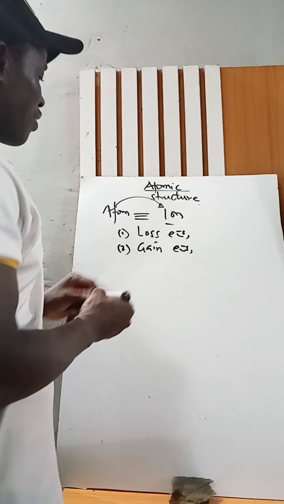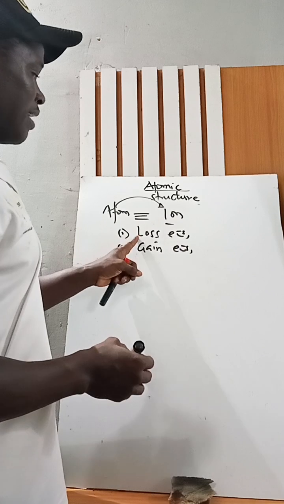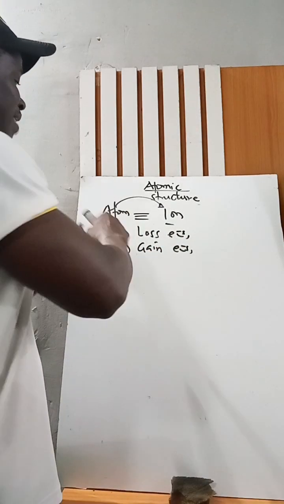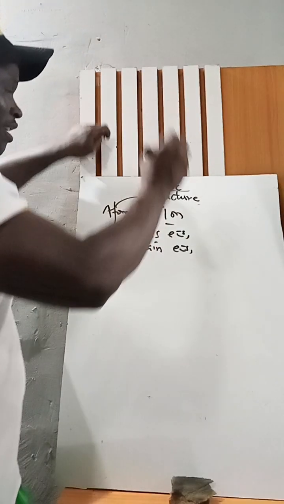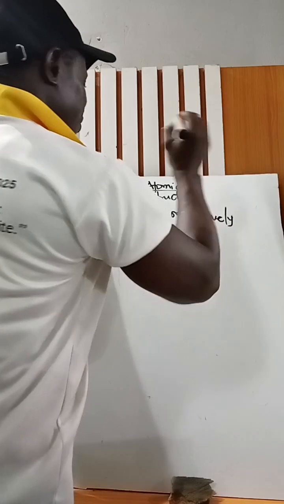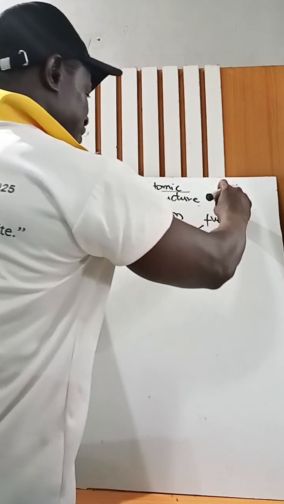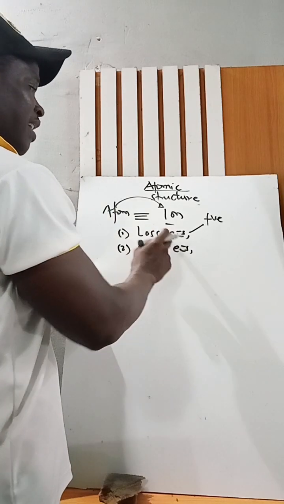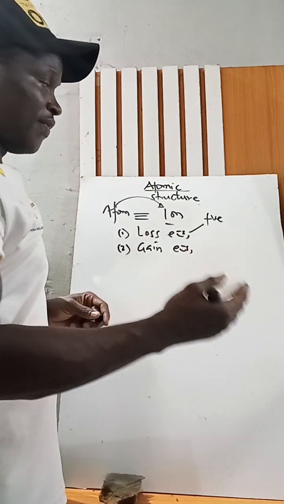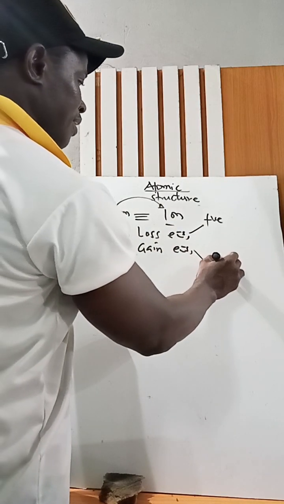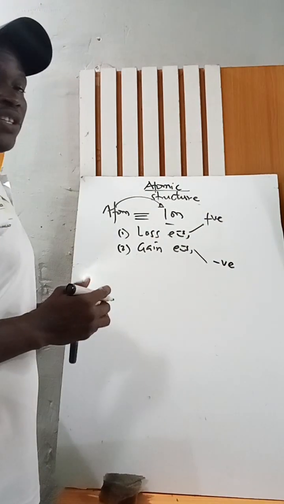An atom can become an ion by either losing electron or gaining electron. If an atom loses electron, it becomes positively charged. Whereas if an atom gains electron, it becomes negatively charged.